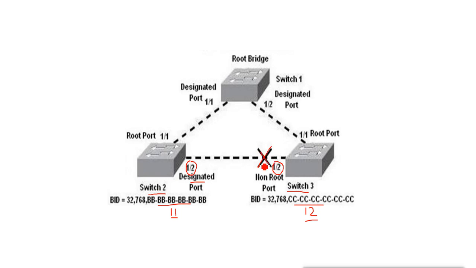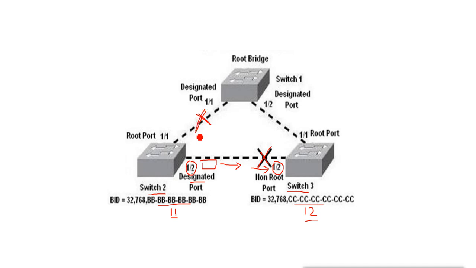Now in case this port goes down, this switch has to reach the other switches. So what does it do? Because it is in designated state, it can send the BPDU on this side, and this one is in the blocking state, so it will accept the BPDU, and in that BPDU it is saying that I want to reach the other side, I do not have this connection now.